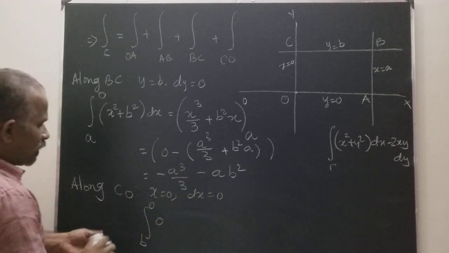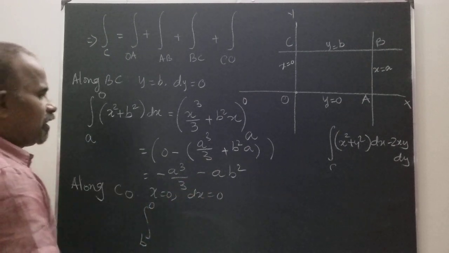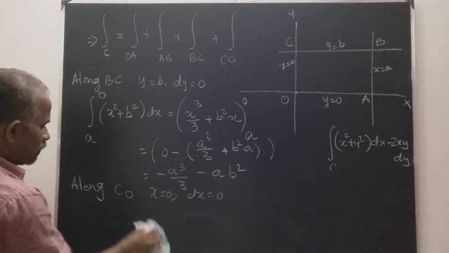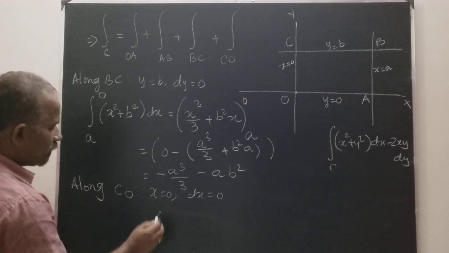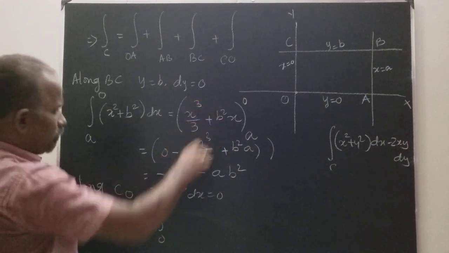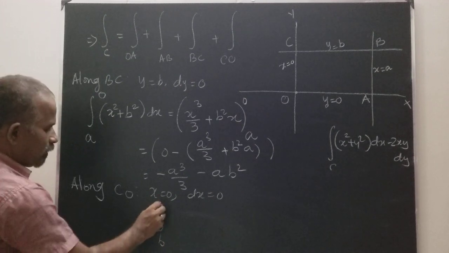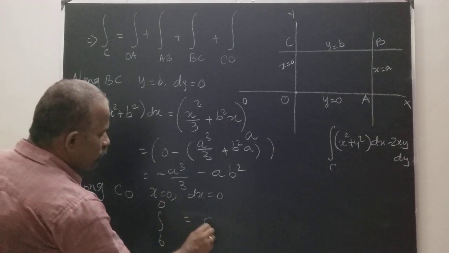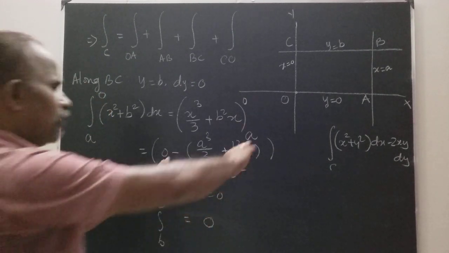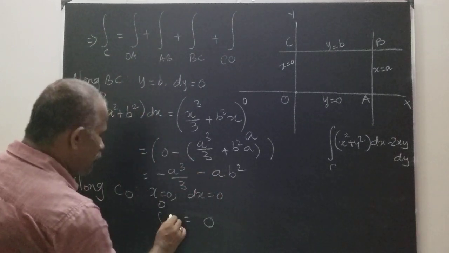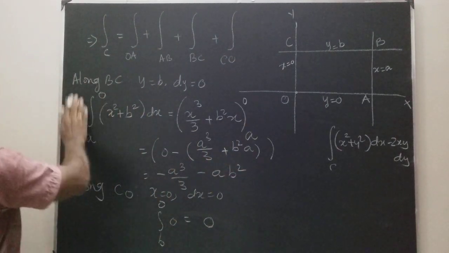So that integral becomes 0. The total thing is equal to 0.